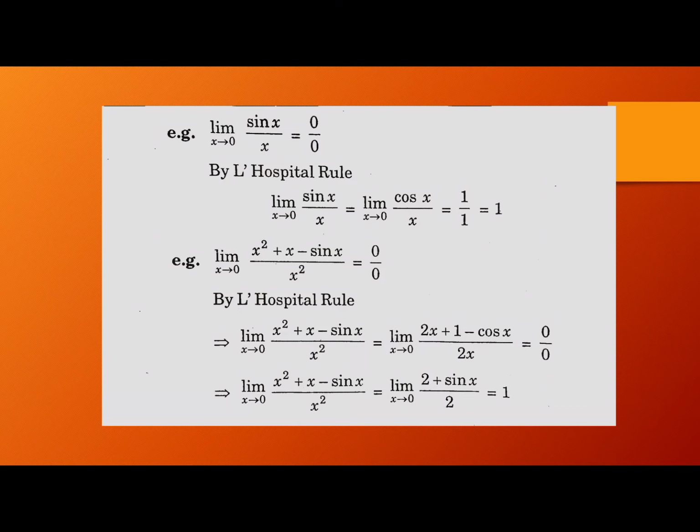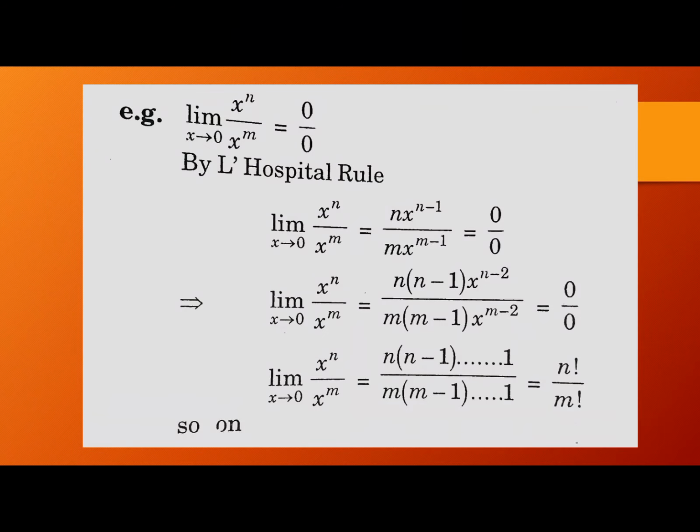Which implies limit x tends to 0, (x square plus x minus sin x) by x square is equal to limit x tends to 0, (2 plus sin x) by 2, which is equal to 1.